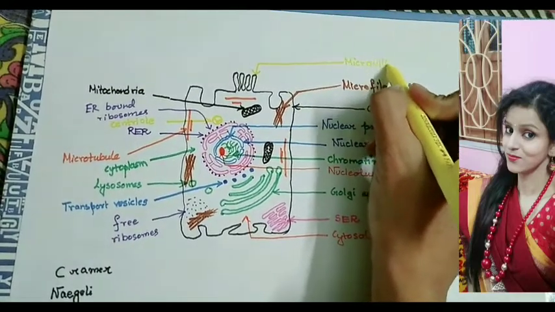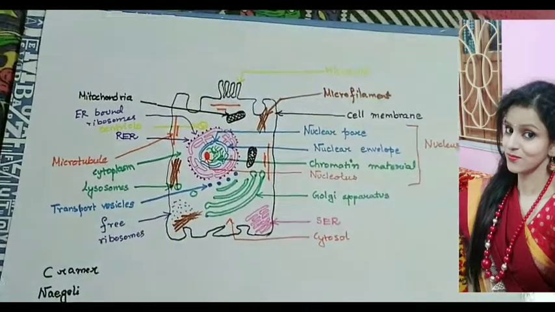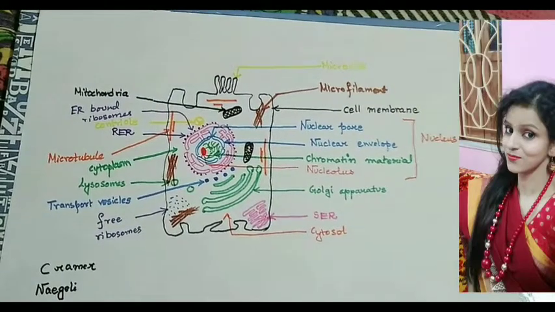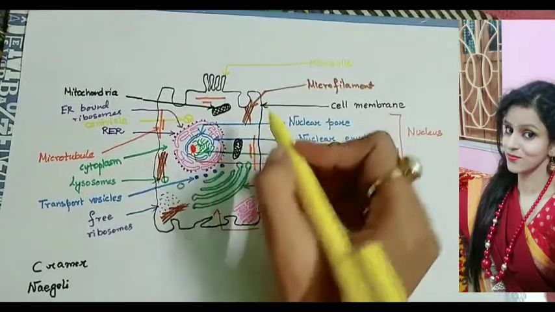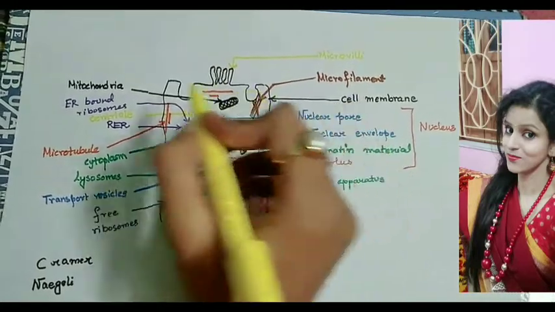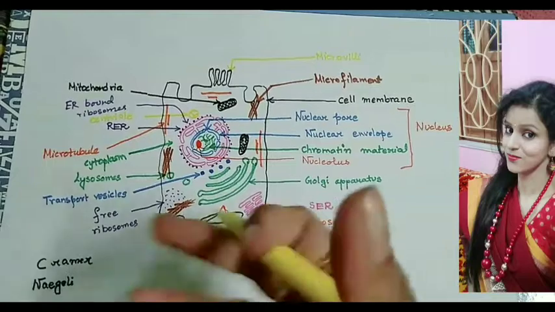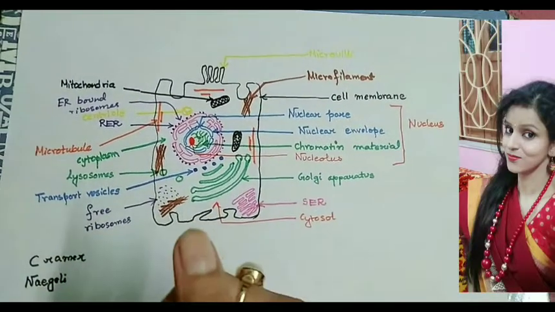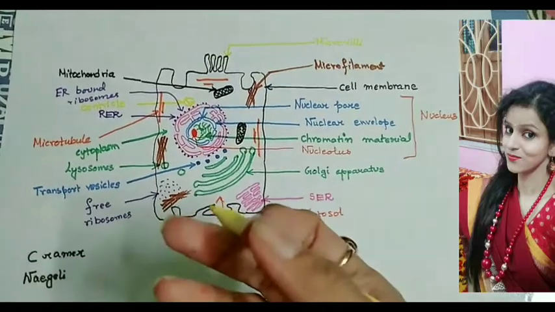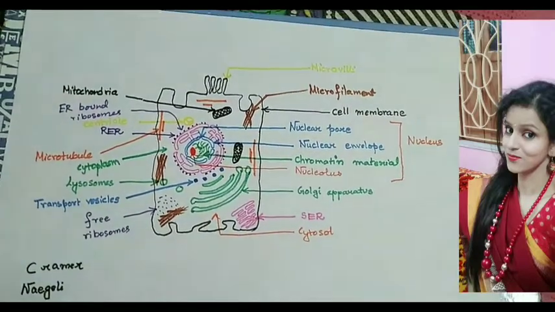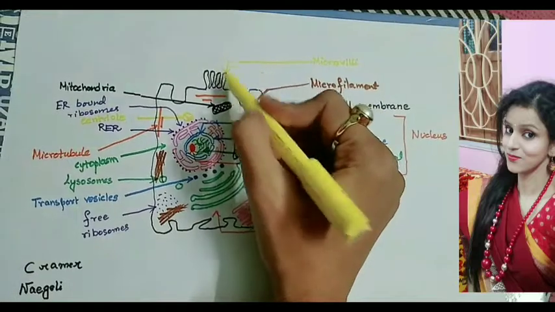Okay, so the main function of this microvilli is that it increases the surface area. As a result, whenever it is increasing the surface area, it helps in the absorption of substances. And it also helps to send substances outside if the cell wants to, or the process of secretion is also done by this microvilli.